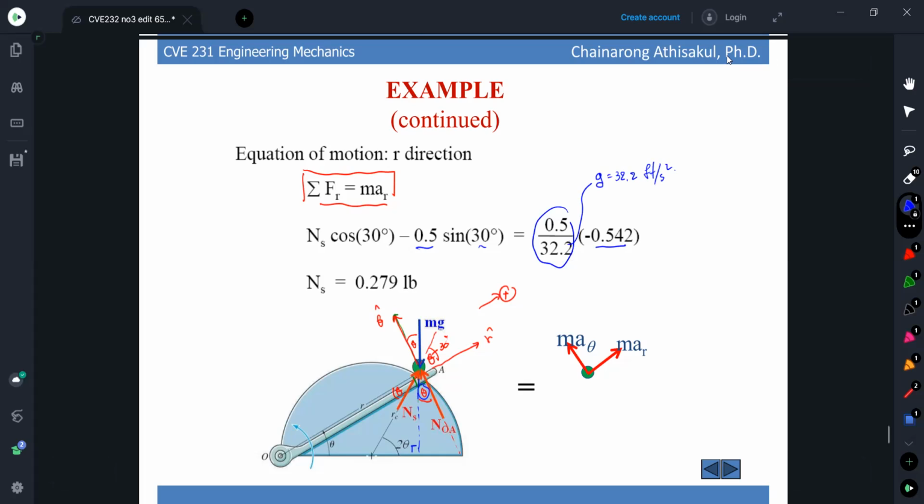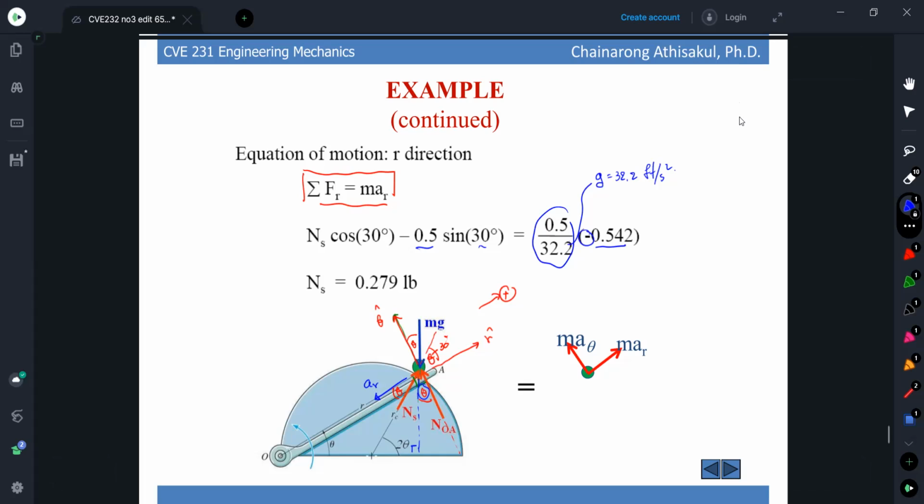You will see that a r is actually negative because it is opposite to the positive direction. As we know that it is a circular path, the acceleration is toward the center of curvature, right? So a r should be in this direction, which is opposite to the positive r.